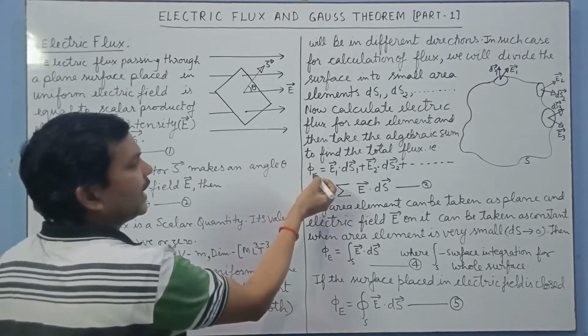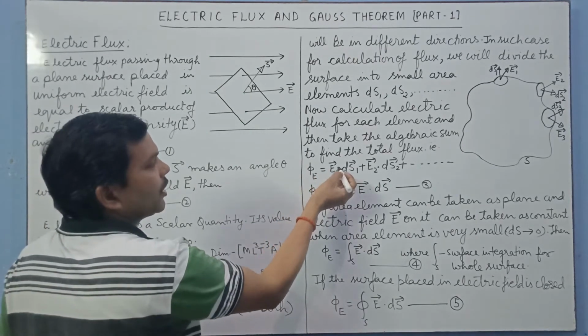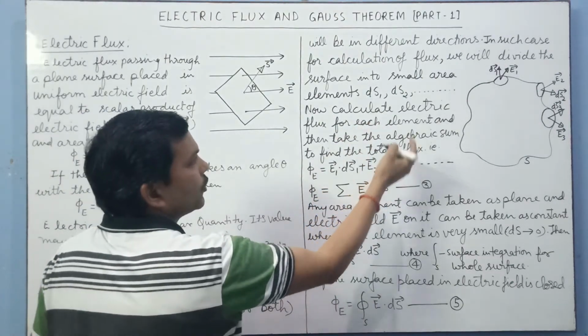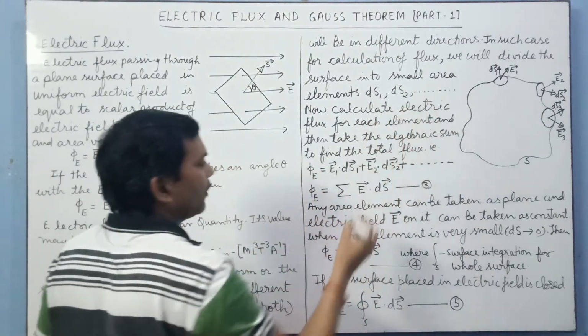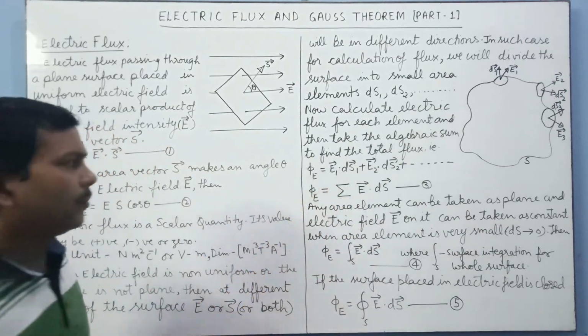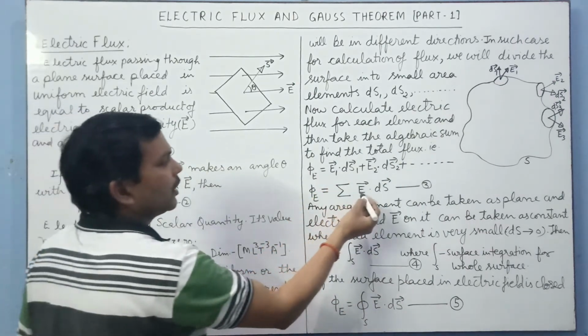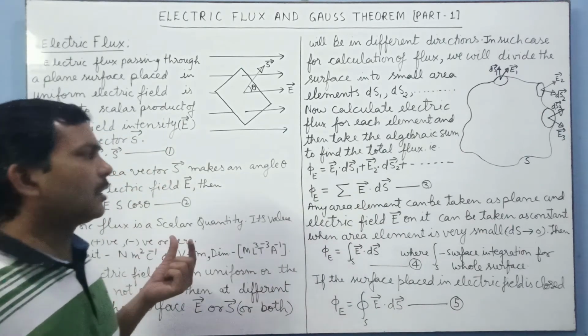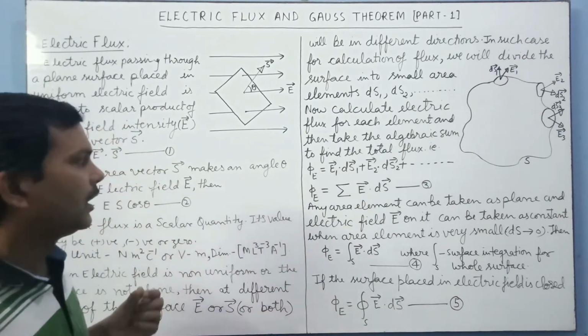So the total flux phi E will be E1 dot ds1 due to the first element, E2 dot ds2 due to the second element and so on. We can write it as summation E dot ds. Now we will have to take one approximation here.